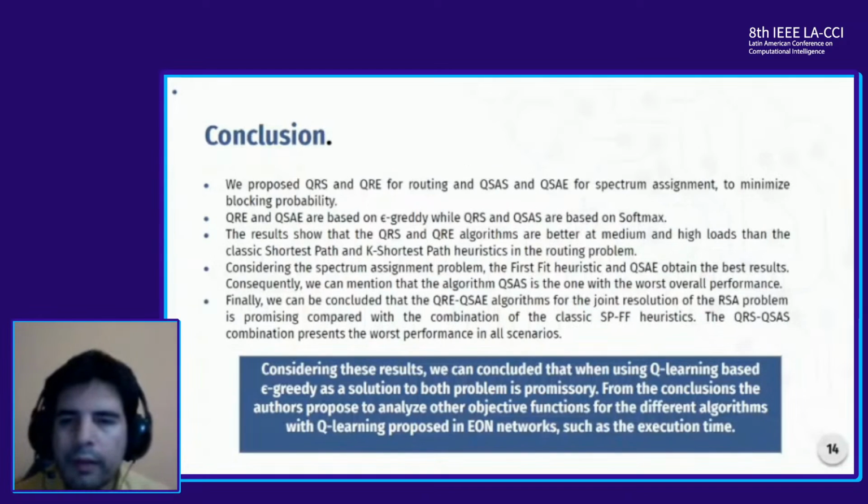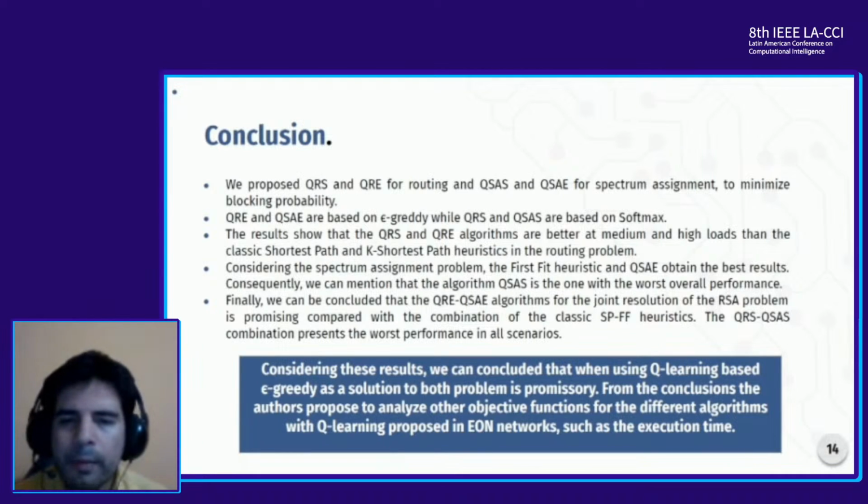As conclusion, we propose QRS and QRE for routing and QSAS and QSAE for spectrum assignment to minimize blocking probability. QRE and QSAE are based on epsilon greedy, while QRS and QSAS are based on softmax.